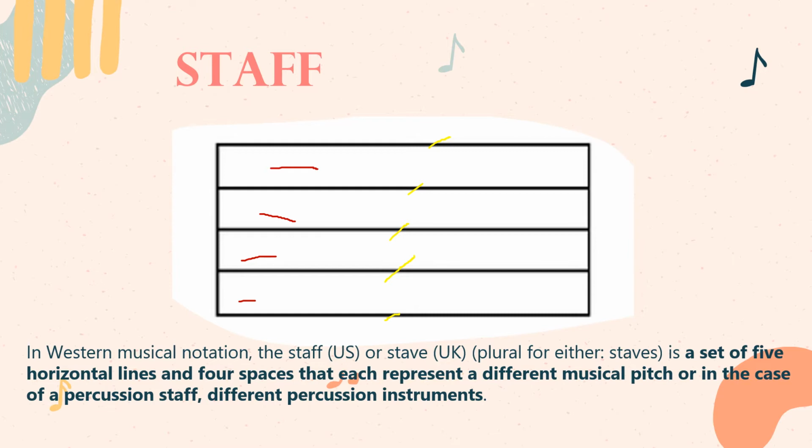The plural form for either is staves. It is a set of 5 horizontal lines and four spaces that each represent a different musical pitch, or in the case of a percussion staff, different percussion instruments. So as we counted earlier, we have 5 horizontal lines and then we have 4 spaces. So that is the staff.